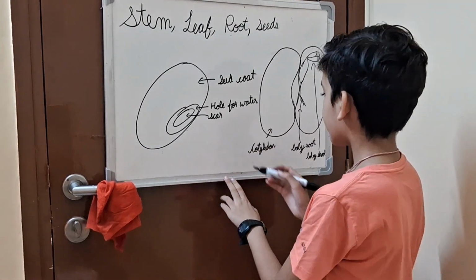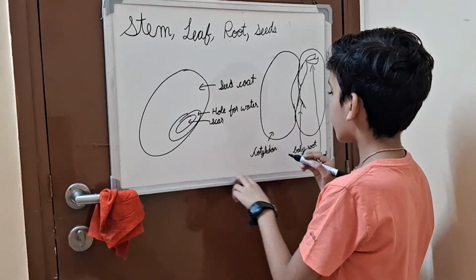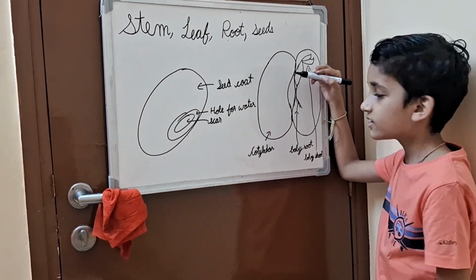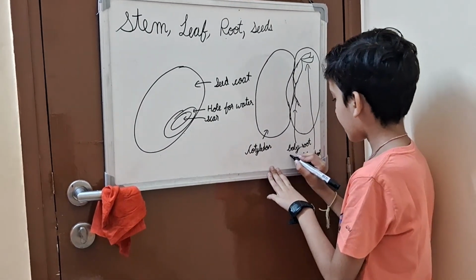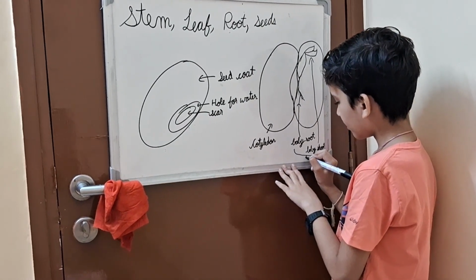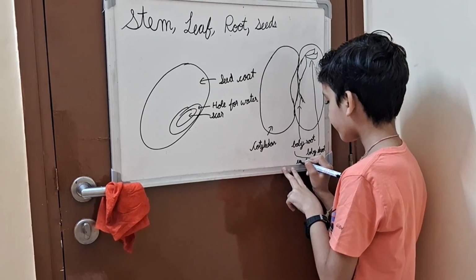When the seed coat didn't swell up, during that time the cotyledon provides the nutrition to the embryo. The baby shoot and baby root together are called the embryo.